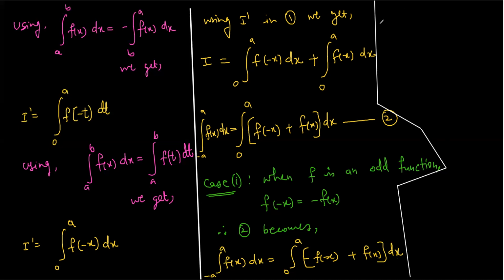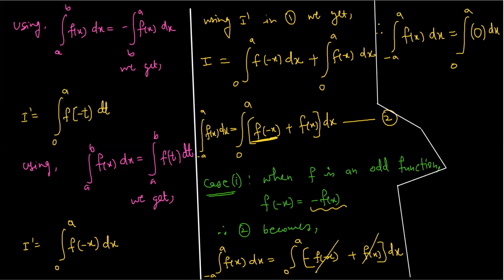So you will get therefore minus a to a f of x dx equals to, check, what is minus f of x plus f of x? This is 0. You got 0, 0 to a 0 dx, which is equal to 0. See, you just put f of minus x as minus f of x, and these two got cancelled. You got 0, and it is done.